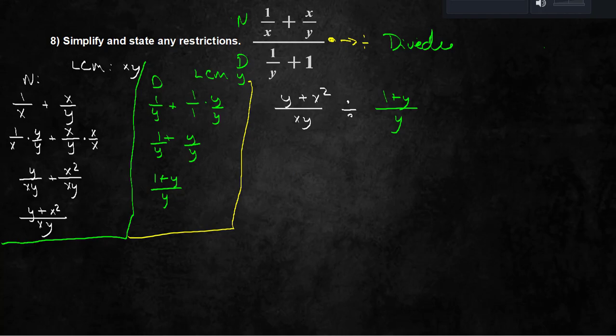So when we divide, thinking back to our rules for division, we keep the first fraction, change the sign to multiplication, and reciprocate the second fraction. And so look to see what can cancel, and the y's can cancel out. There's no way to factor that numerator, and so we're left with y plus x squared over x times 1 plus y.